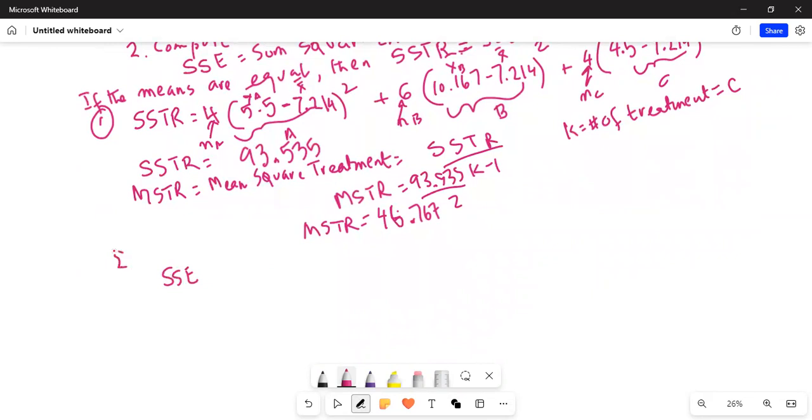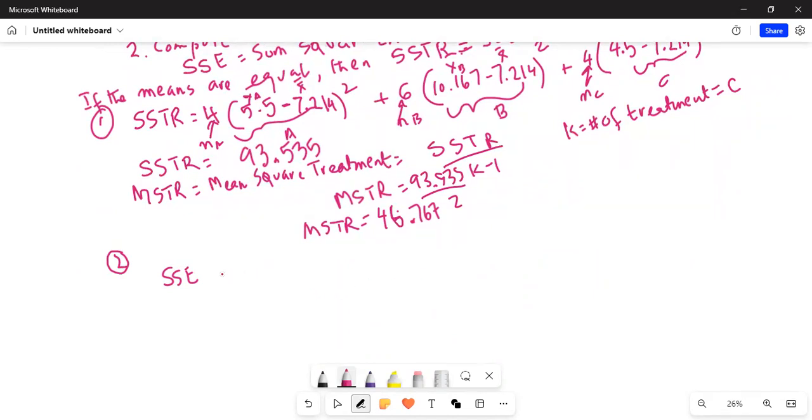This is how much variation there is in each sample, square it, that is the variance, and multiply it by sample size minus 1.